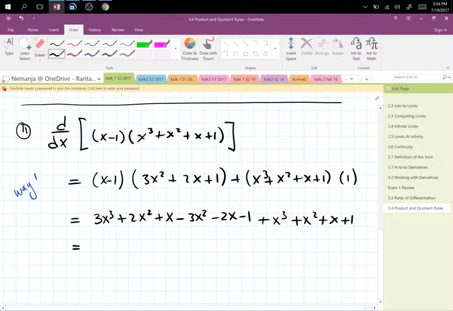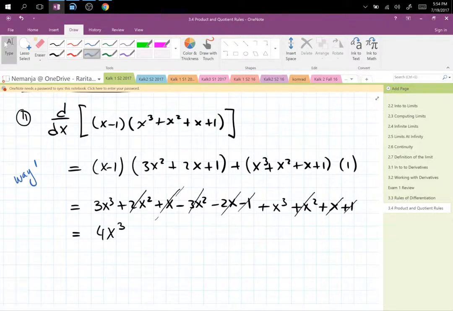So we have x cubed plus 4x cubed, and then x squared minus x squared, so no x squares, because they're all canceled. X minus 2x plus x, they cancel. And what? Is this good? All right.